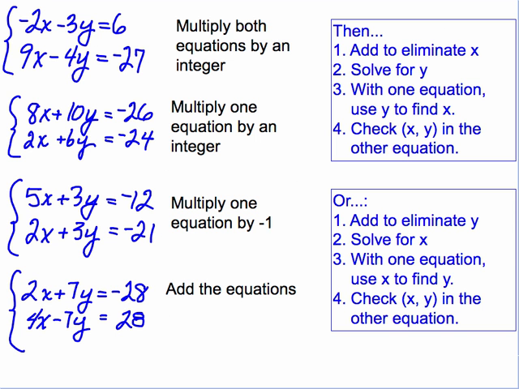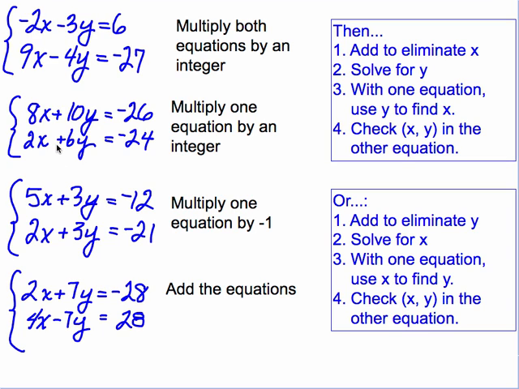So to summarize, here are the 4 systems that we've solved. Starting at the bottom, we were able to add those 2 equations together to eliminate a variable directly because 7y and negative 7y are opposites. In the second system, we had to multiply one equation by negative 1 and then add the equations together to eliminate y.